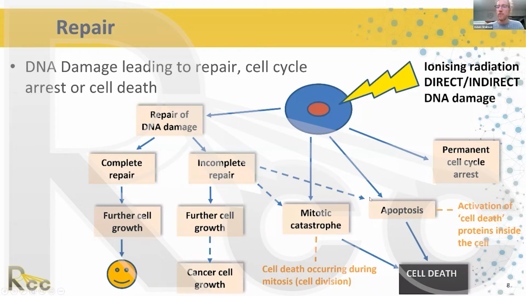If you've got incomplete repair, another mechanism of cell death is apoptosis. And this is basically activation of cell death, programmed cell death for the cell. And this can take different amounts of time. It can take weeks up to months, even years, but the cell will eventually die even without having to divide. Or you could have permanent cell cycle arrest, where there's some DNA damage and the cell just goes into a sort of resting state.